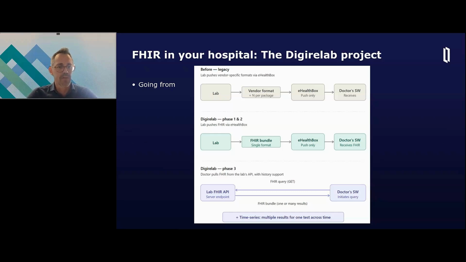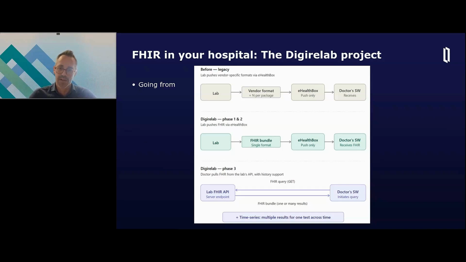So the first step in order to solve this problem is that eHealth and INAMI decided, okay, it should be one format. And today, the new formats need to be in FHIR. So now all labs should be able to create FHIR bundles. So that's DigiRelab phase 1 and 2. And push that to some medium in the Belgian ecosystem, which is called eHealthBox.